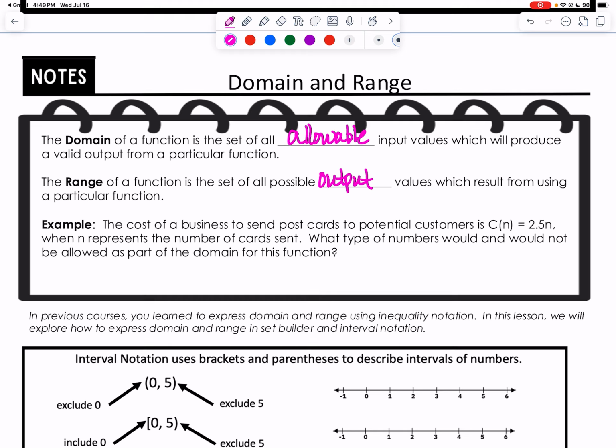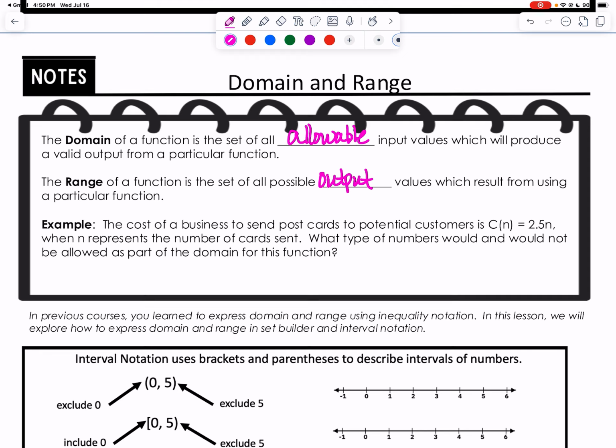For example, the cost of a business to send postcards to potential customers is C of n equals 2.5n, when n represents the number of cards sent. What type of numbers would and would not be allowed as part of the domain of the function? Well, first of all, if you think about postcards, we can only send postcards in whole number values, like 1, 2, 3.